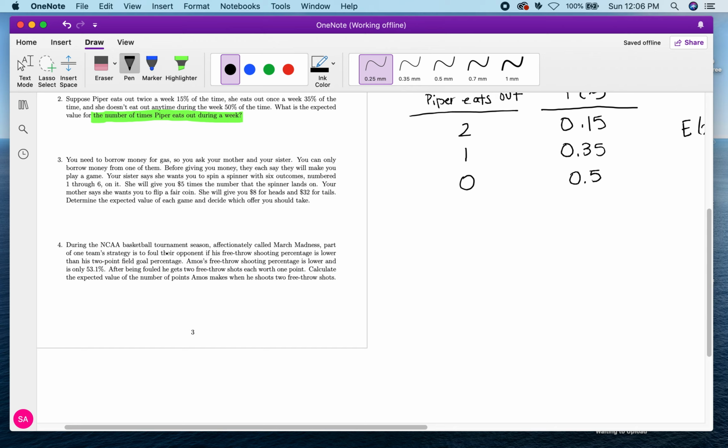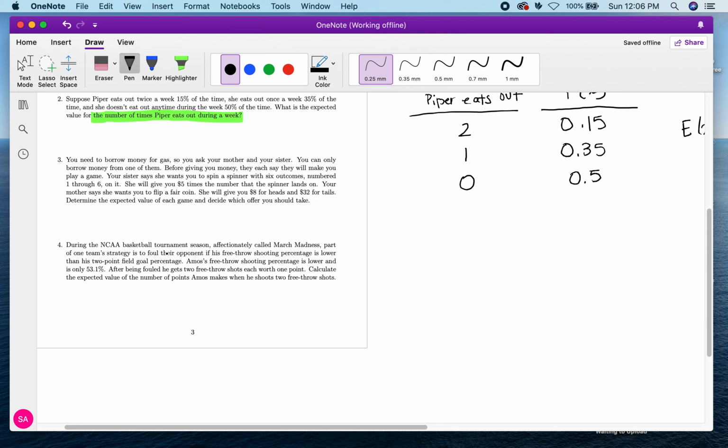So for number 3, you need to borrow money for gas. So you ask your mother and your sister. You can only borrow money from one of them. Before giving you money, they each say they will make you play a game. Your sister says she wants you to spin a spinner with 6 outcomes numbered 1 through 6 on it.